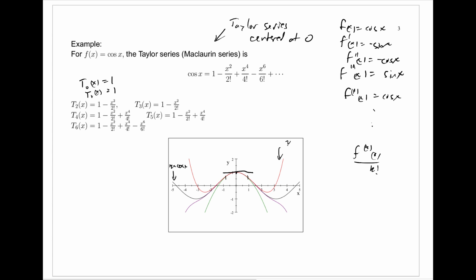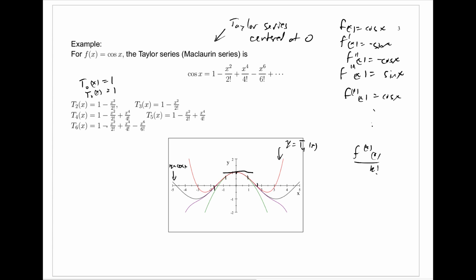This is y equals t4 of x. And you can see it has the shape of a typical quartic, this kind of W shape. It's a very good approximation to the cosine function on this wider range than the second or third degree Taylor polynomials, which were both the same, the green one here. But it starts to get far away from the correct thing if you go out past, say, -2 or past 2 to the right there.